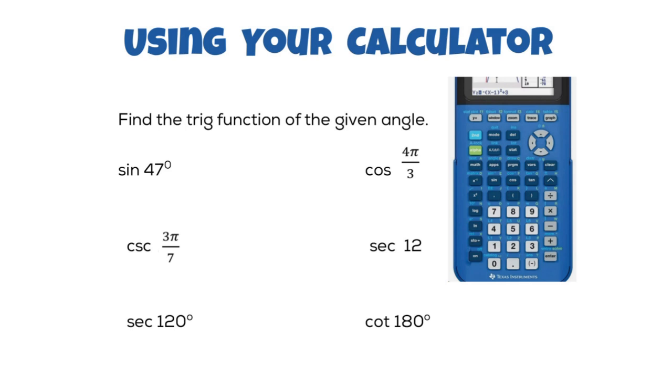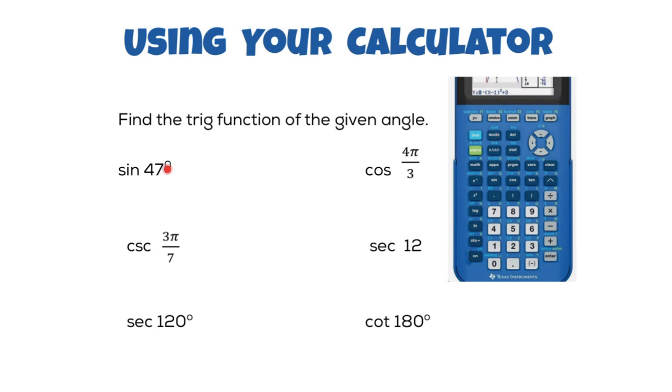I'm sure that you've done that before, but what you have to have an awareness of is that you are in the proper mode. I want you to find the sine of 47, but that's 47 degrees. If it were 47 radians, it'd be a totally different answer. So you have to be very familiar with switching your mode and making sure that it is in the appropriate mode. Do you want to be in degrees or radians? So check it right now.